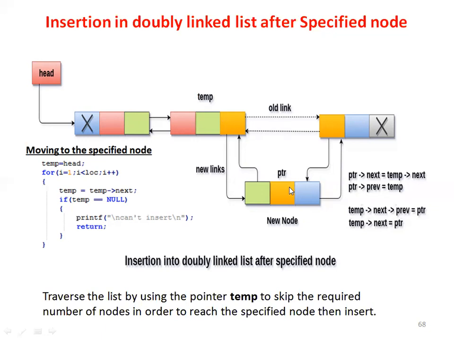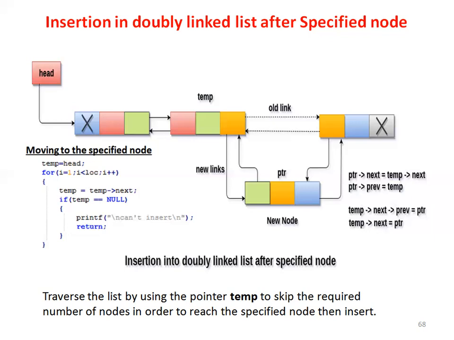Now, how to insert a new node at a specified position in a doubly linked list? In order to insert a new node at a specified position or after a node, we must traverse the linked list using a temporary pointer to skip the required number of nodes in order to reach the specified node.